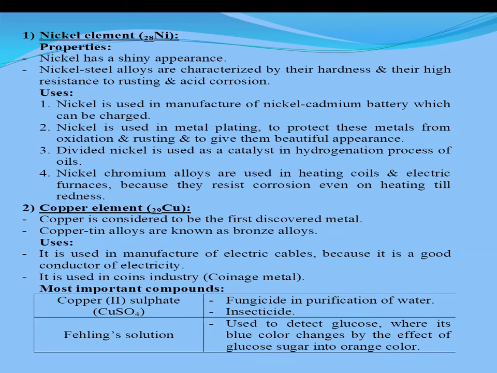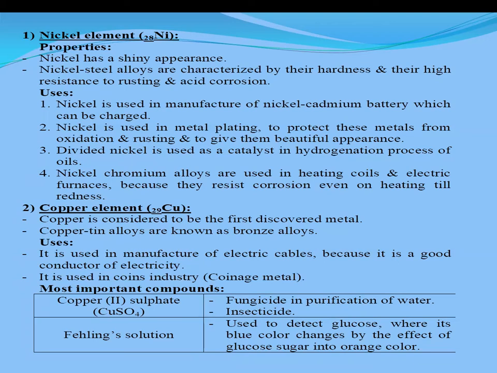After that, the nickel element, which is the 8th element, Ni28. The properties: its shiny appearance. Nickel steel alloys are characterized by their hardness and their high resistance to rusting and acid corrosion. Nickel is used in manufacture of nickel-cadmium batteries, which can be recharged.